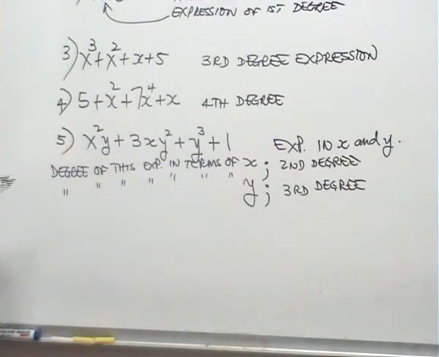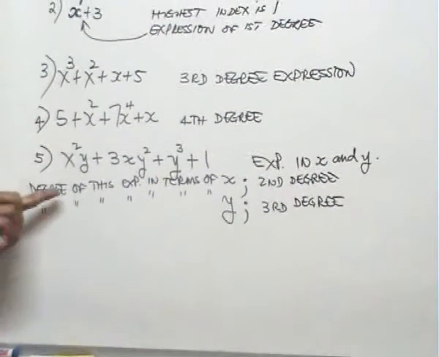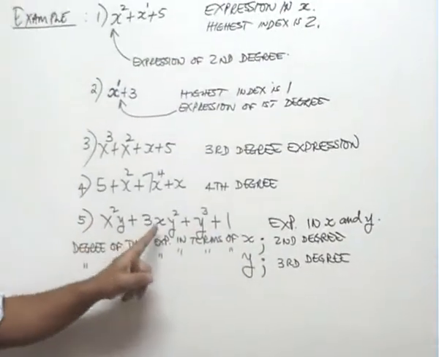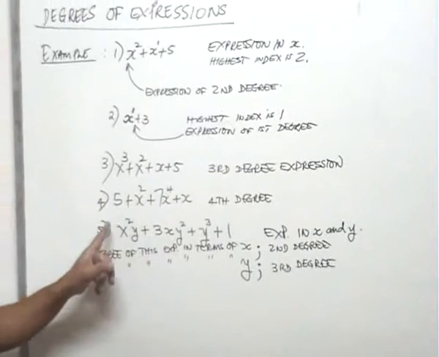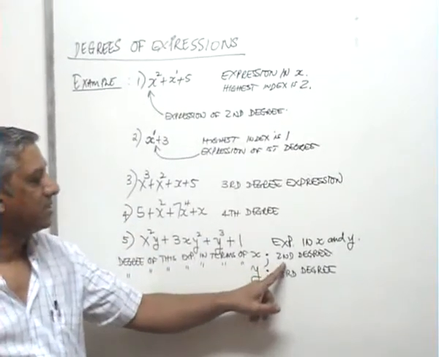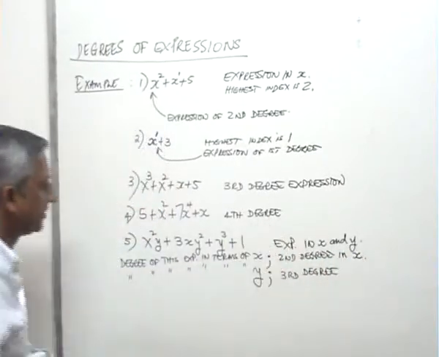Alright? So here are some simple, straightforward examples. Sometimes we can complicate it a little bit like this, but the question will have to be clear to you. What is the degree of this expression in terms of x? Then you look at the x's, find the highest index. Highest index is 2. Therefore, this expression is second degree in x.